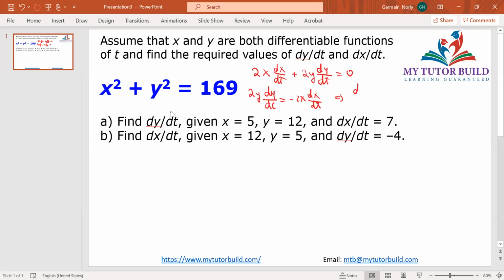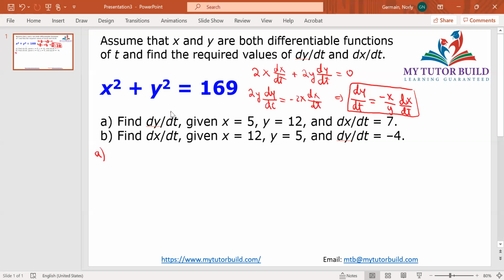So we end up having dy/dt equal, when you divide by 2, negative 2 divided by 2 gives you negative 1. Now we have negative x over y times dx/dt. Now, this is the derivative of our function, which is the equation of a circle.